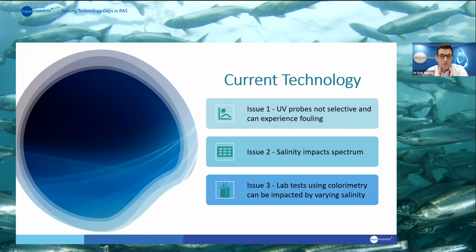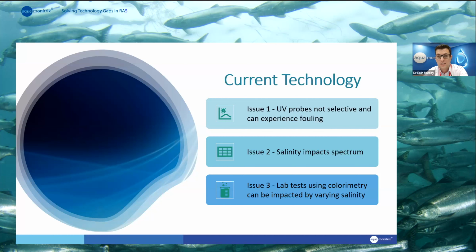Another key issue when considering RAS is, of course, the salinity. Salinity can have a big impact on UV probe performance, especially when considering analysis of nitrate and nitrite using UV probes. We'll go into a bit more detail on that in a moment. And then the final issue, which I hope we would all agree on, is the issues around typical grab sampling, the grab and lab approach.